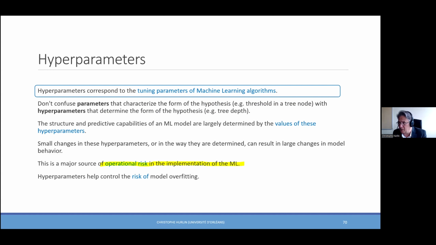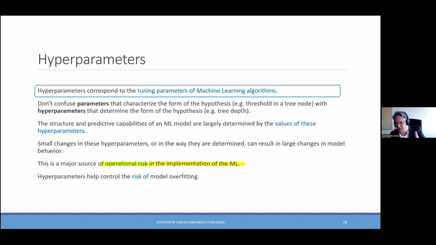Because if I use hyperparameters which are not well calibrated or well tuned, according to, for instance, a cross-validation approach, then I have the risk to have a model which is too complex and to have an overfitting issue, or on the contrary, to have a model which is not sufficiently complex to reduce the bias of the model and to get a good predictive power.